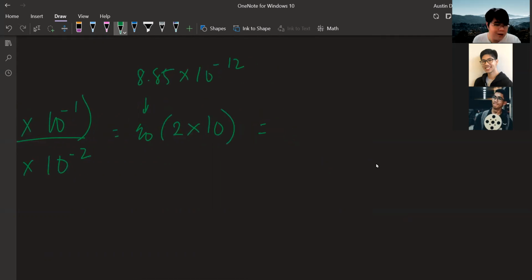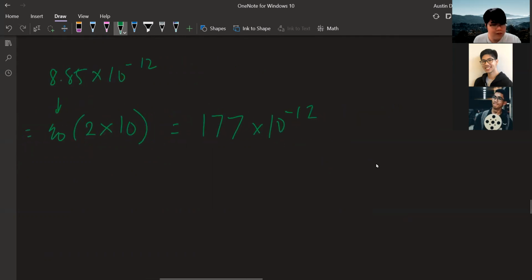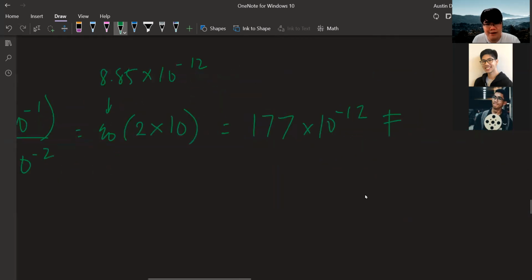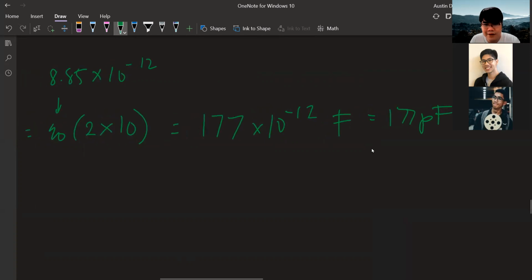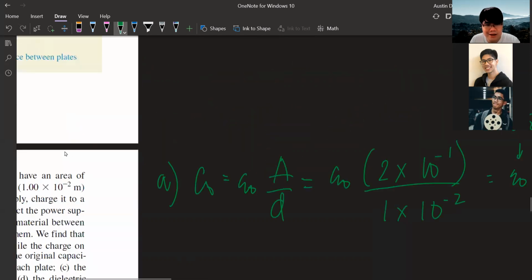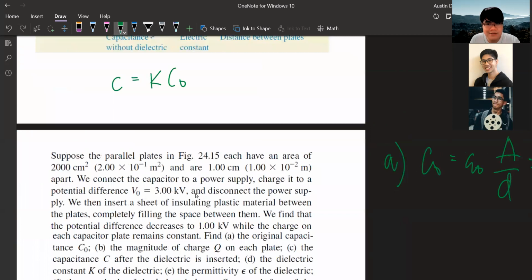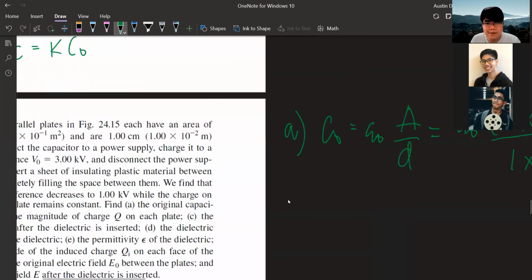And this gives me 177 times 10 to the negative 12 farads. Kasi ito ay capacitance. And this is just 177 picofarad. Okay? Nothing new, nothing new. Plug in lang tayo ng value sa capacitance.